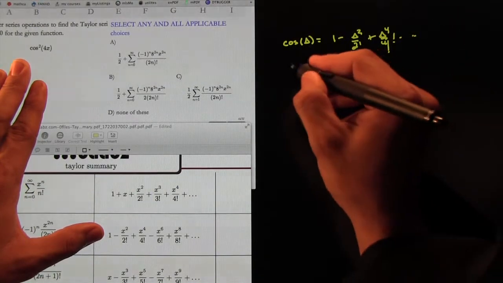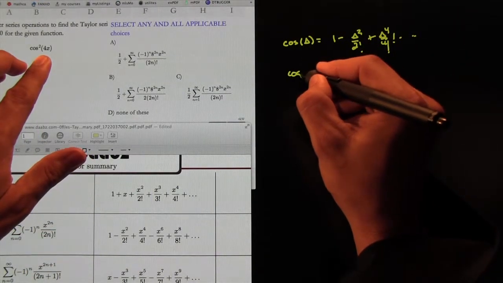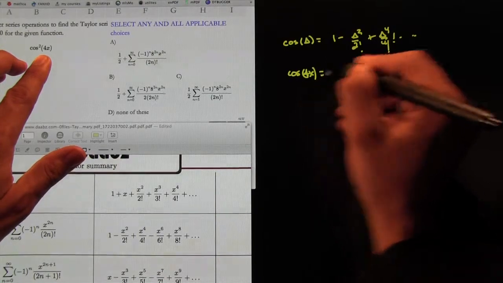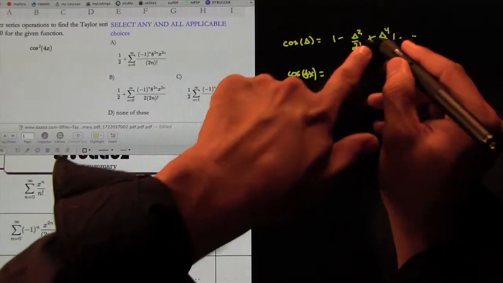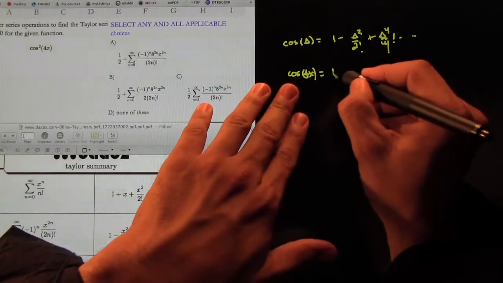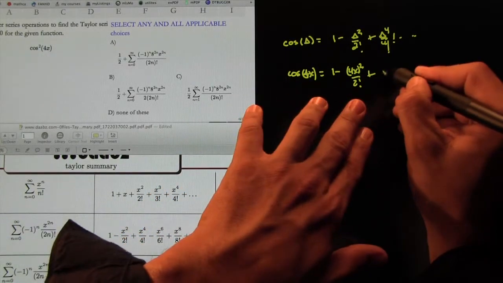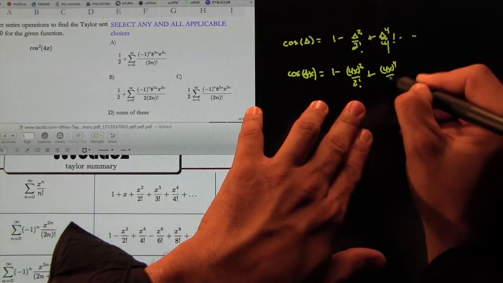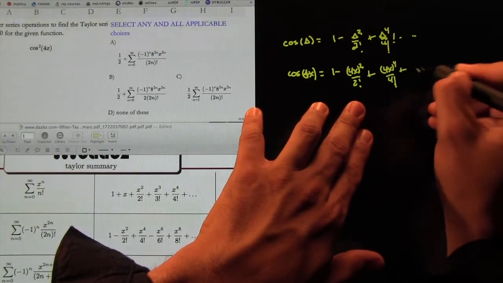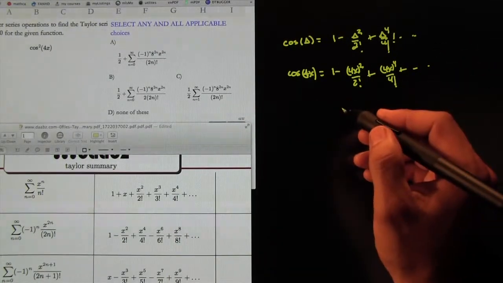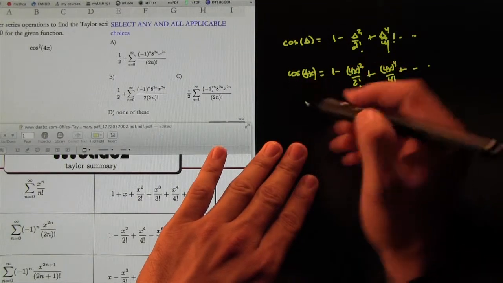Right? So if I have a cosine of 4x, that would translate into plugging in 4x wherever I see the blah. So it would be 1 minus 4x quantity squared over 2 factorial plus 4x to the 4th over 4 factorial, and so on and so forth. Now all I gotta do is just square this.